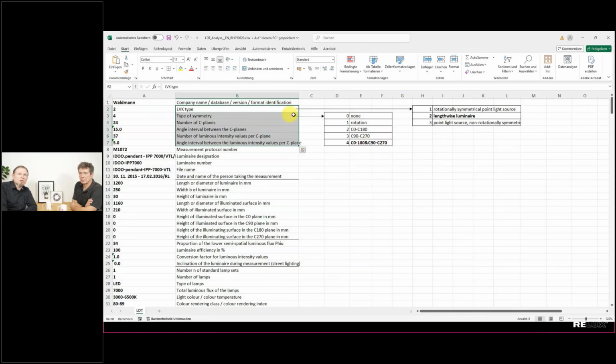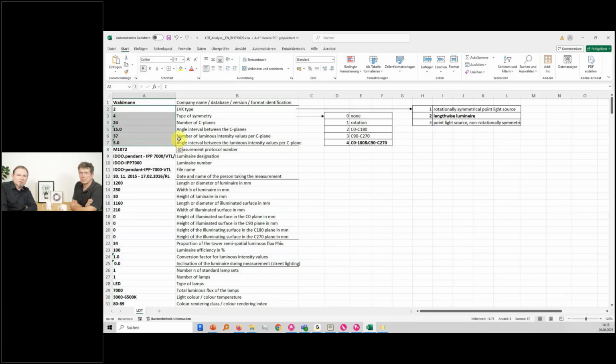And this information is in this tiny area, the most fundamental stuff about the coordinate system and the planes and the numbers. Then we have a bit of the identification of this photometry. Here we have the geometry of the luminaire. It's just these elements here. This is the geometry in the Ulmert file.